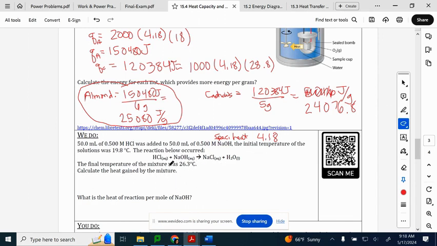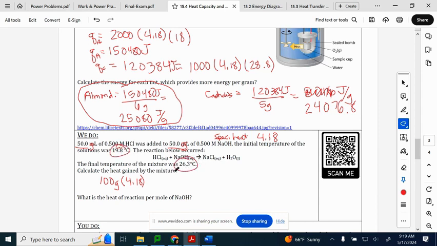Heat gained. So heat gained, final mixture temperature. Okay, so we are going to take our mass is going to be 50 and 50. So our mass is going to be 100 because this is mostly water. We're just going to consider this water. We're going to consider these grams, okay? So that means that we've got 100 grams times the 4.18, which is the specific heat for water, times our delta T, which it went from this value up to this value.